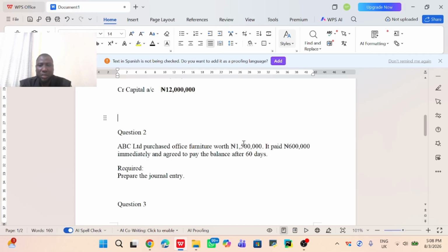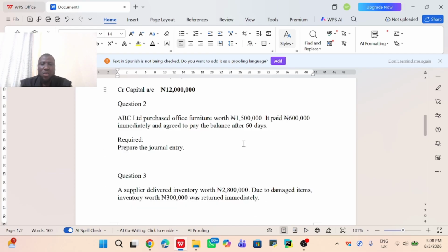Question number 2. ABC Limited purchased office furniture worth 1,500,000 naira.